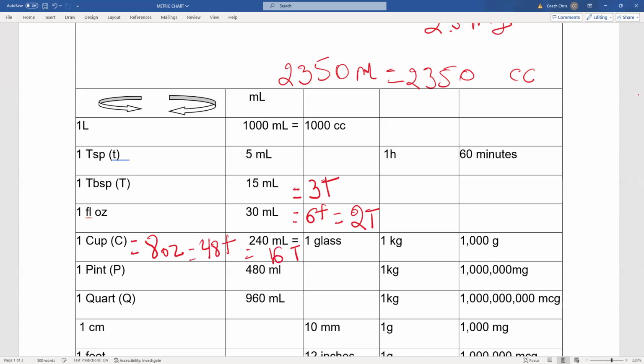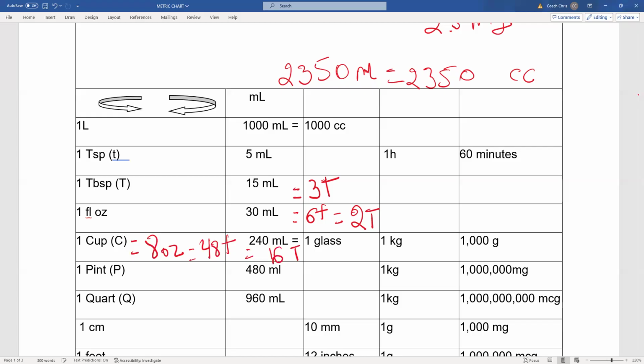So for pint and quart, the way I remember is when you look at your alphabetical line, P comes before Q. So I got PQ. I know P has 480 milliliters. So 1 pint equals 480 milliliters, and 1 quart equals 960 milliliters.